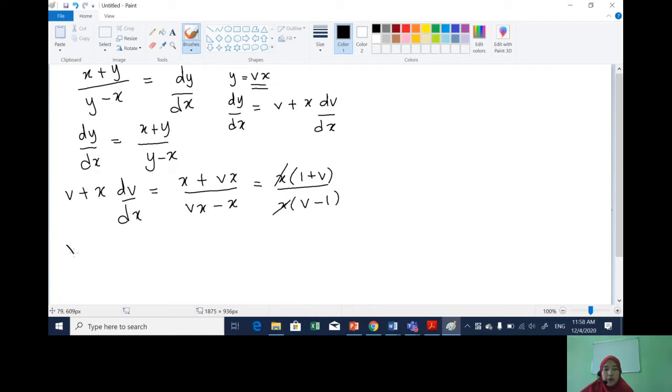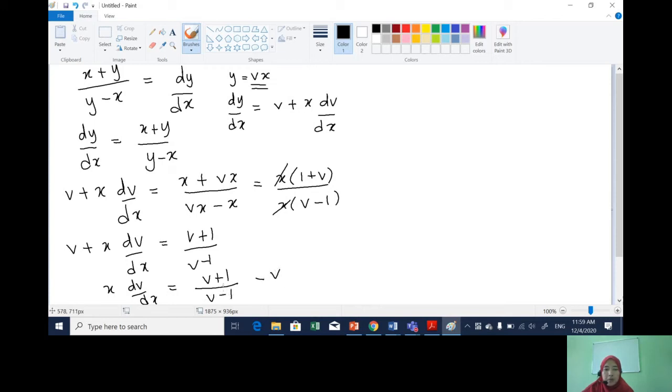So we can write v plus x dv over dx is equal to v plus 1 over v minus 1. Next, this v, bring it to the right hand side: x dv over dx is equal to v plus 1 over v minus 1 minus v.